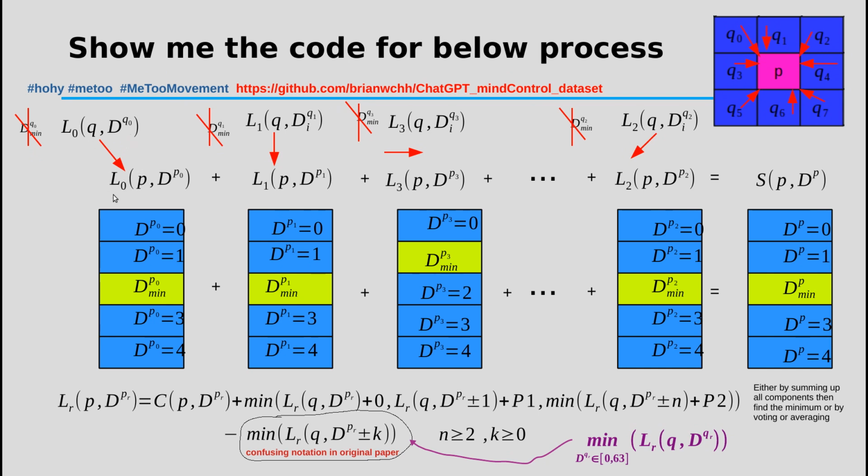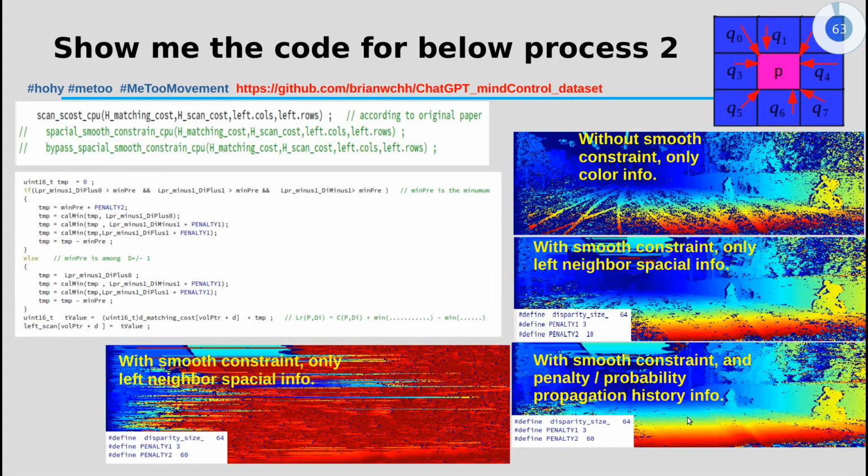So now this component becomes a function of not just this one, but several of them. After computing that, the same way you add up, you will get this pixel's disparity. And now let me show you the code.